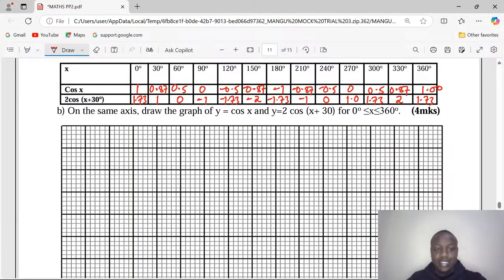On the same axis, draw the graph of y equals cosine of x, and also y equals 2 cosine of (x plus 30), for the values of x ranging between 0 and 360.